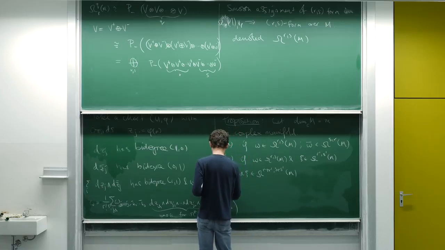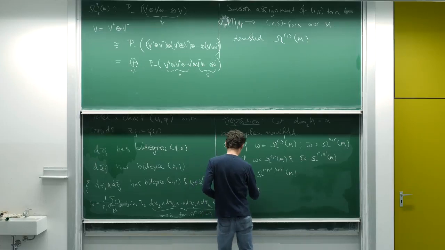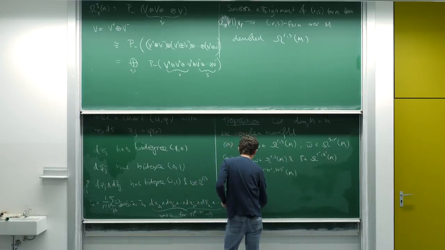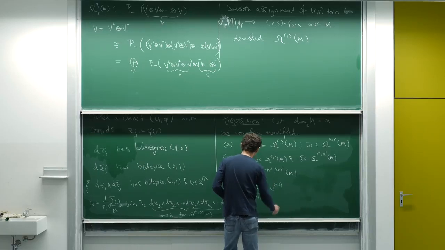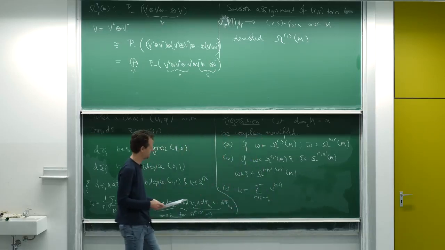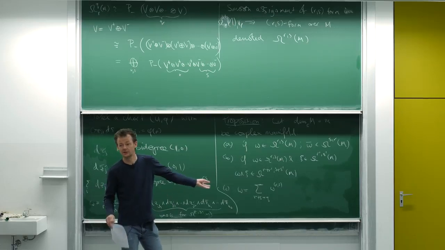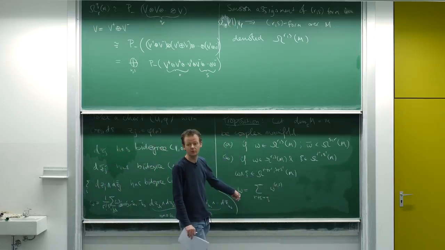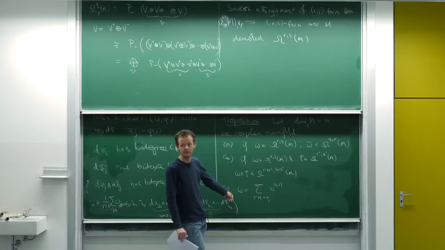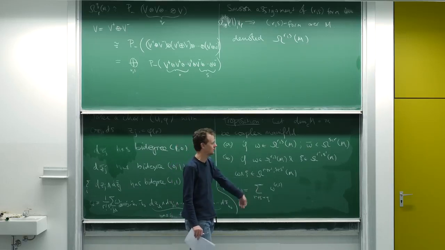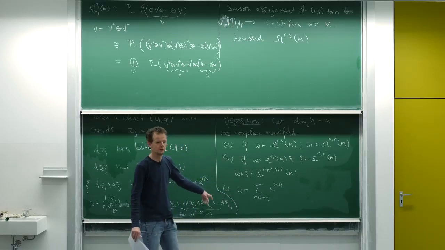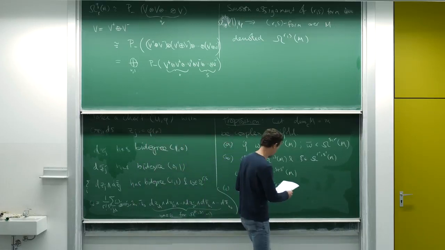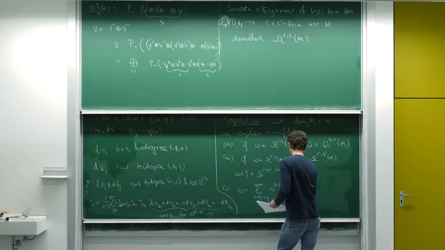And finally is the decomposition that I've already alluded to. You can always express a complex Q form as a linear combination of forms with bi-degree RS. I mean, your generic complex Q form won't have a bi-degree. A generic one will be a linear combination of all kinds of forms of differing bi-degree, but you can separate out its components like this, and this is unique.